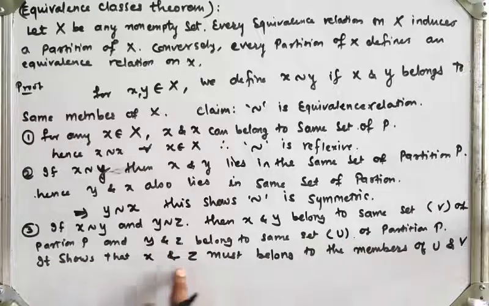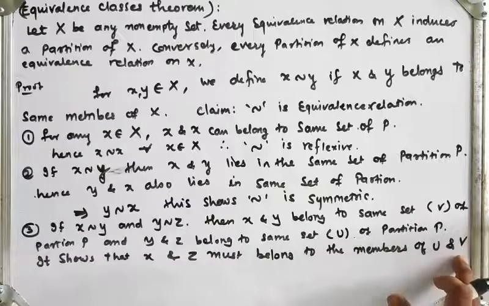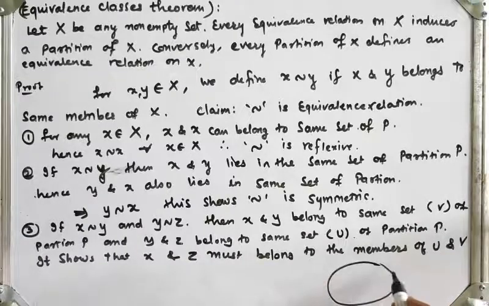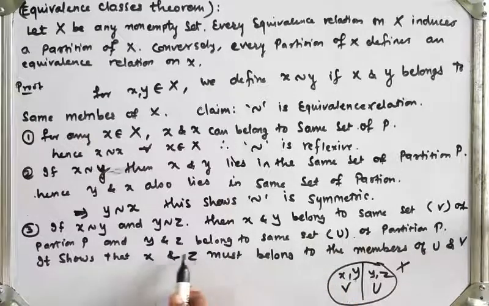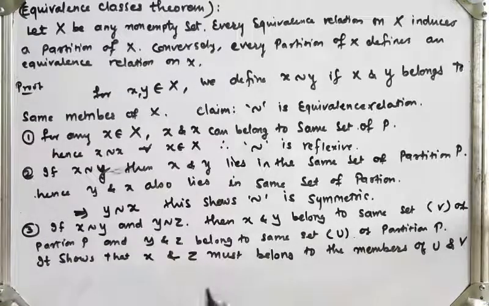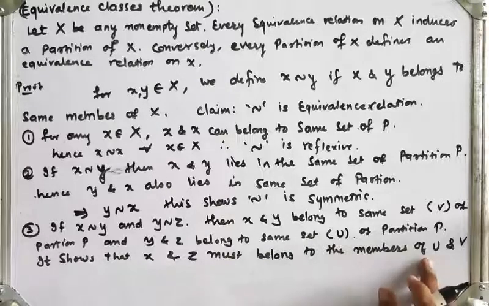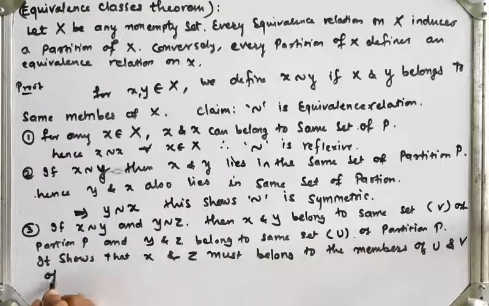So I suppose this is set X, and set V has elements x, y, and set U has elements y, z. That means x and z must belong to the members of U and V. Therefore x and z must belong to members of U and V of P.